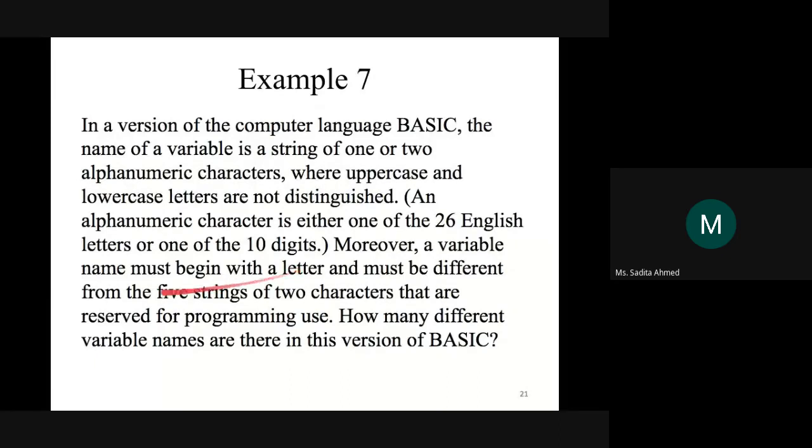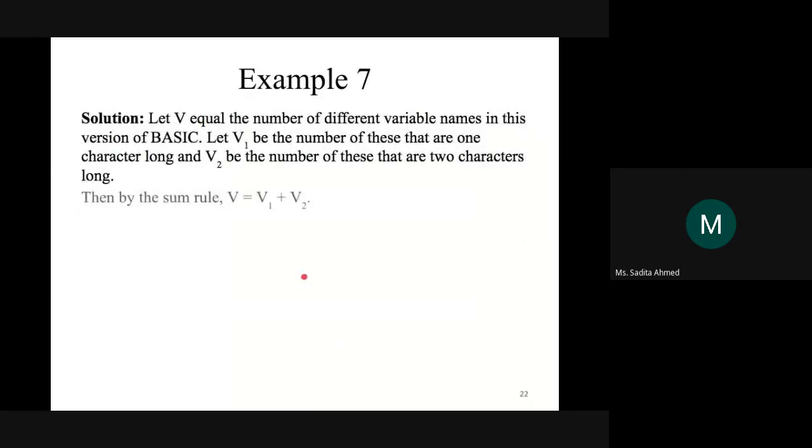And the first character, as they said here, must be a letter. So for v1, how many options do you have? 26. Because there's just 1 character, and that 1 character will be the first character, and that must be a letter. And how many letters are there? 26. So v1 will be 26.